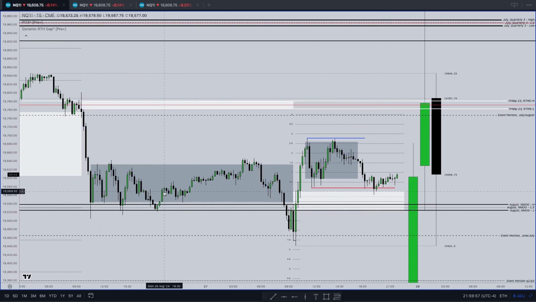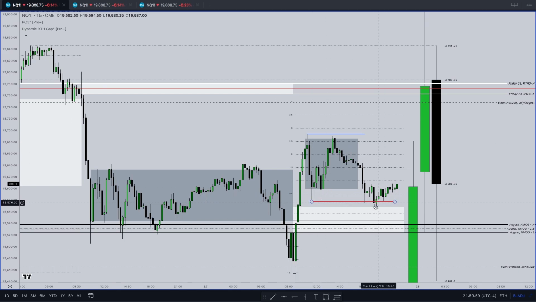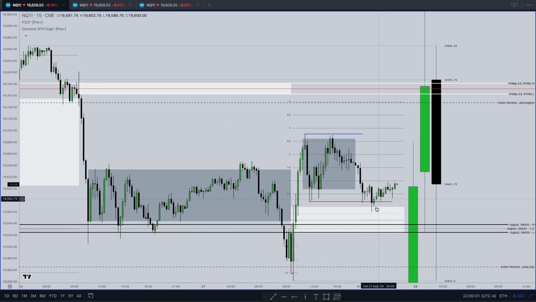When we run this liquidity on electronic trading hours, don't trust that price is going to support this. Believe me, when the market opens, they could retrace to this level again and take the liquidity resting below this low.